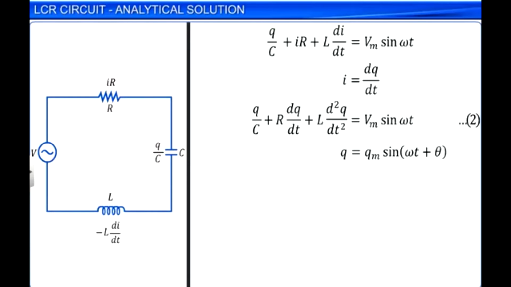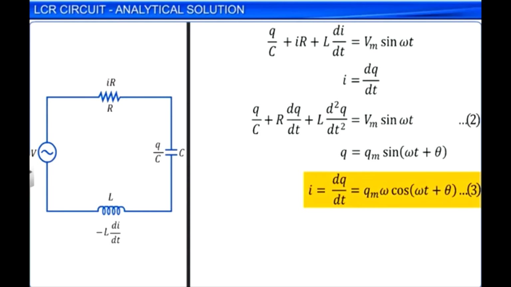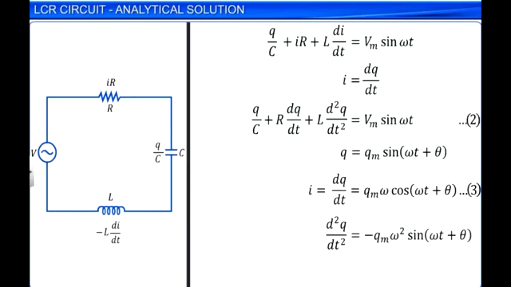Qm is the maximum charge on the capacitor. Then, we have I equal to dq/dt equal to Qm ω cos(ωt + θ). Let this be equation 3. Similarly, we have d²q/dt² equal to minus Qm ω² sin(ωt + θ).